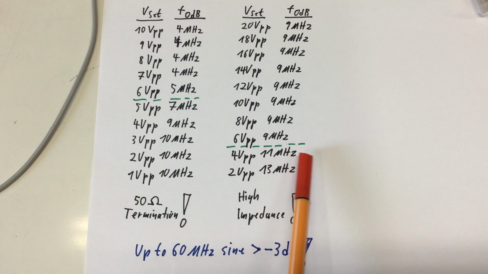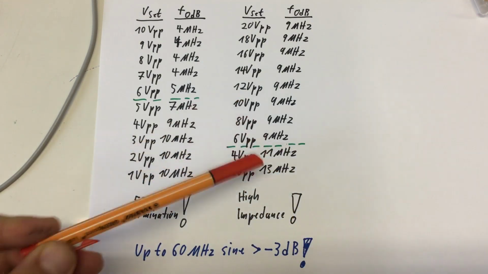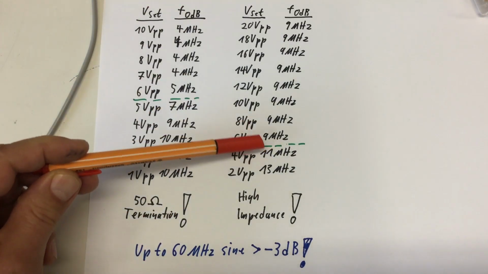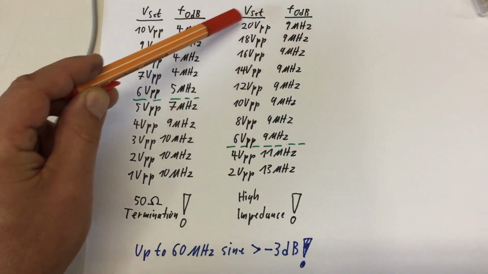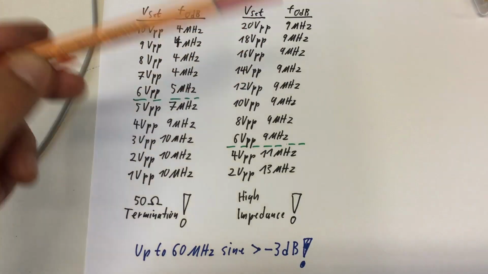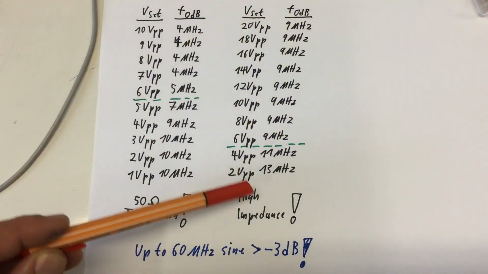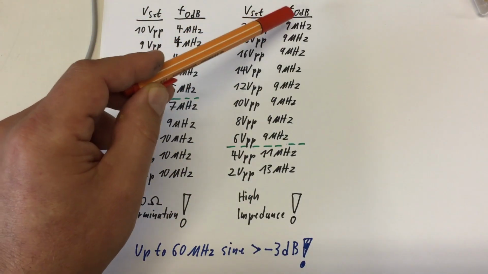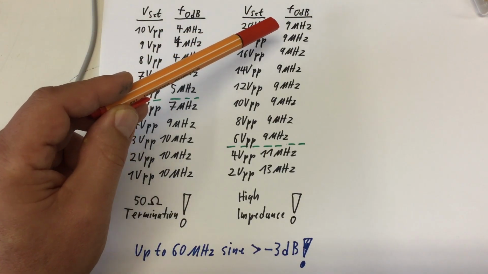And remember, here at 5 volts, the relay makes a click, so something changes inside the unit, and then it stays pretty constant at 9 megahertz up to 20 volts peak to peak, which we can utilize because we are not drawing any current out of the unit.